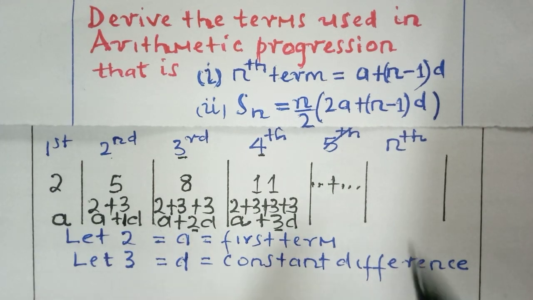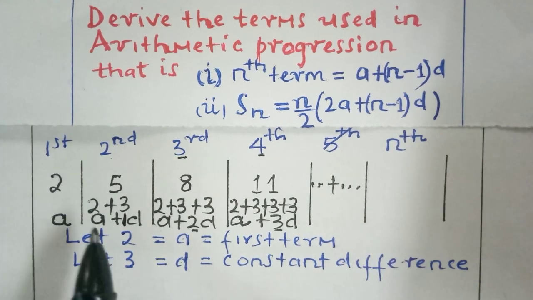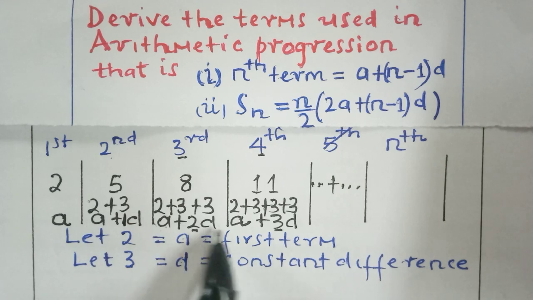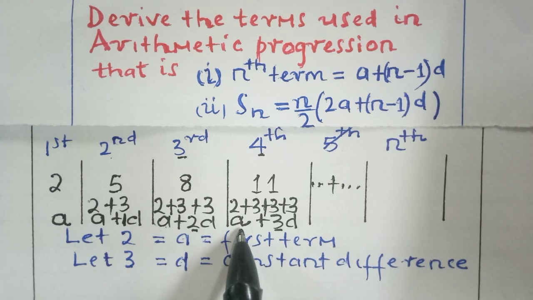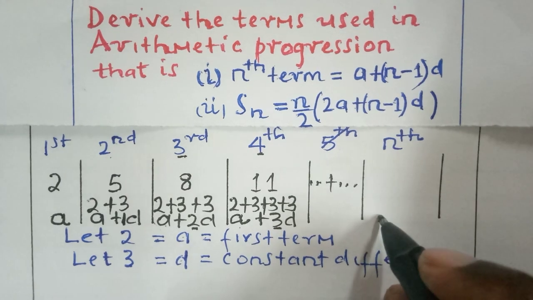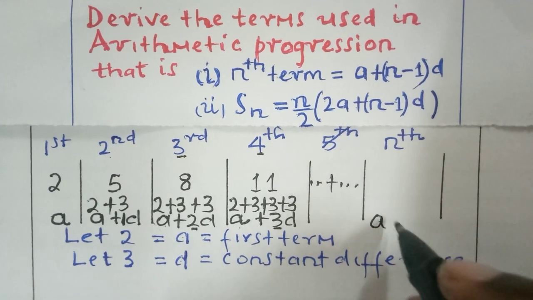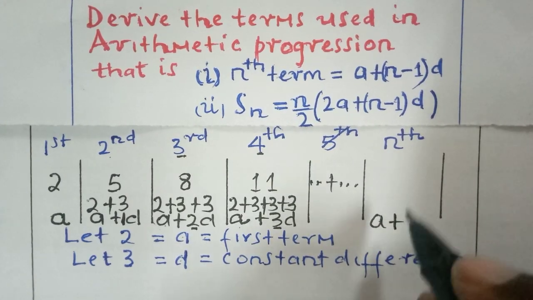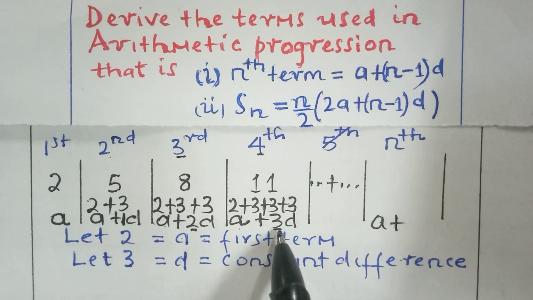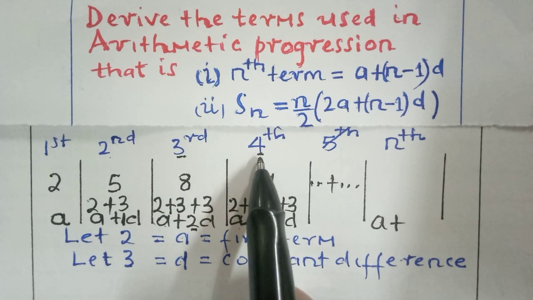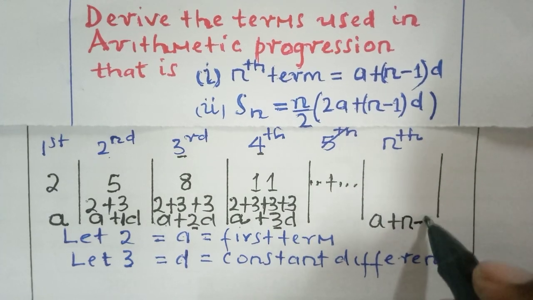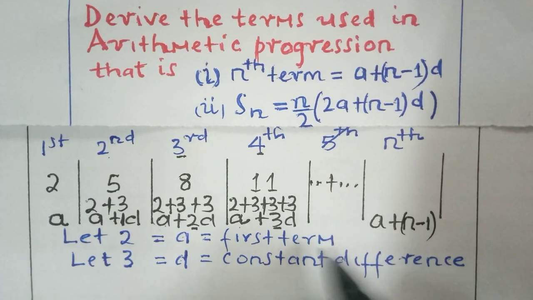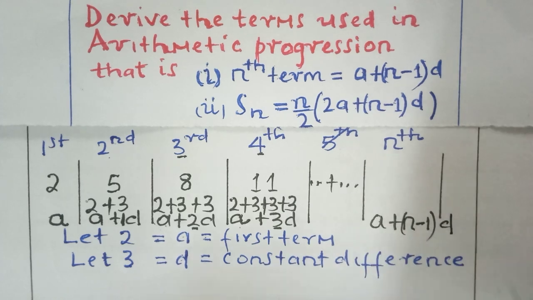The first term here must always be A. You can see here is A, here is A, there is A here. And so here we have A plus, now if you look at this, we have 3, which is less by 1 from 4. So this one is going to be less by 1, which is n minus 1. And then we put our D.